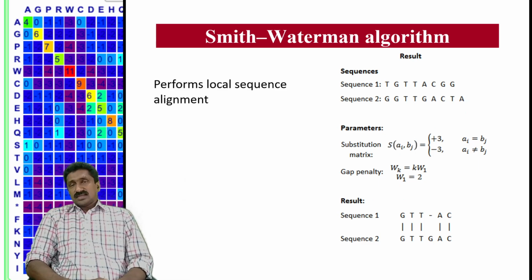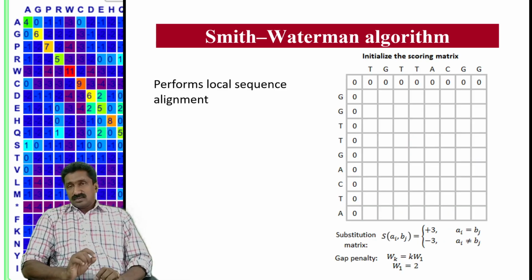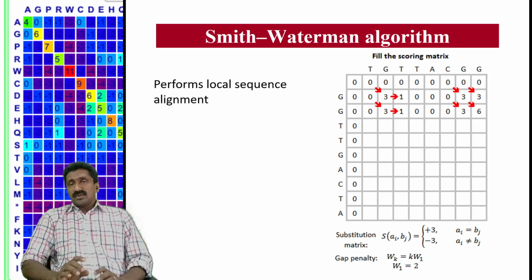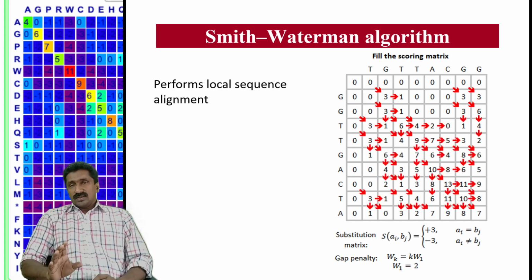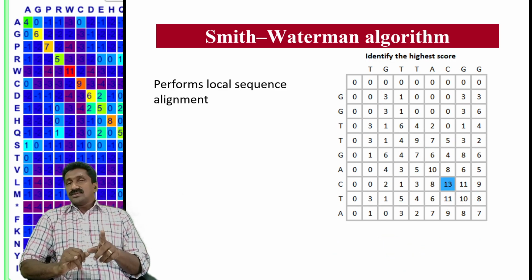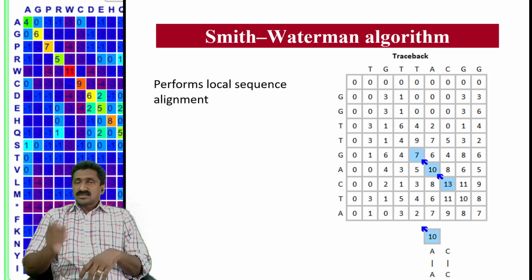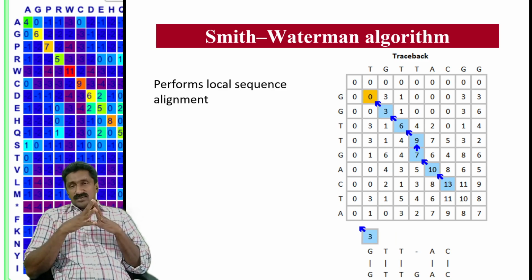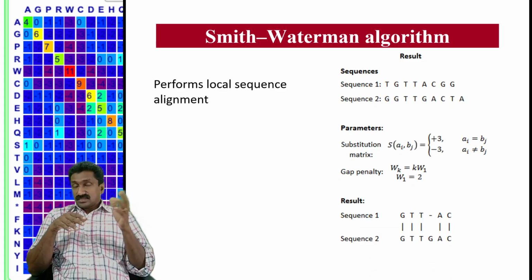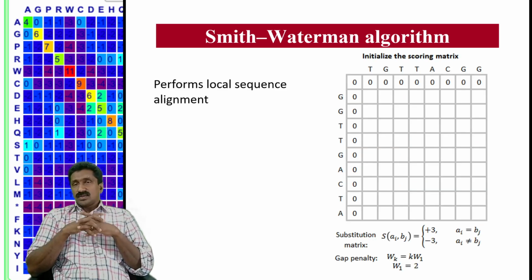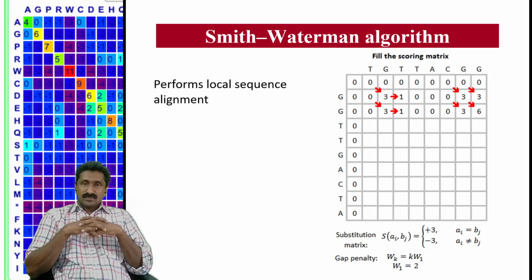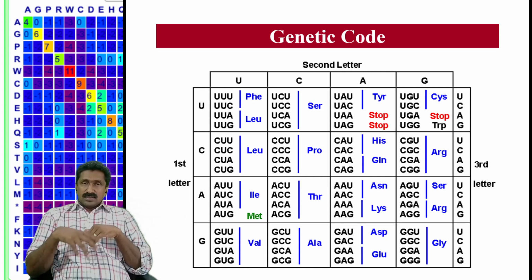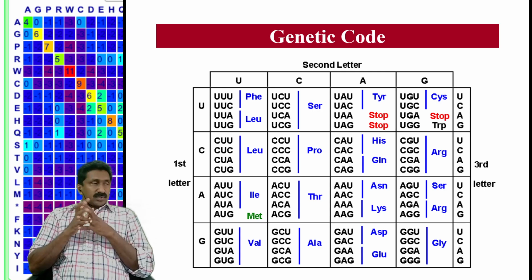So the difference is that the first row and column are assigned 0 values, and there are no negative values. If there is a negative value, 0 will be assigned to that cell, and there are only positive values. Whereas in the Needleman-Wunsch algorithm, negative values were also there. Okay, is it okay?